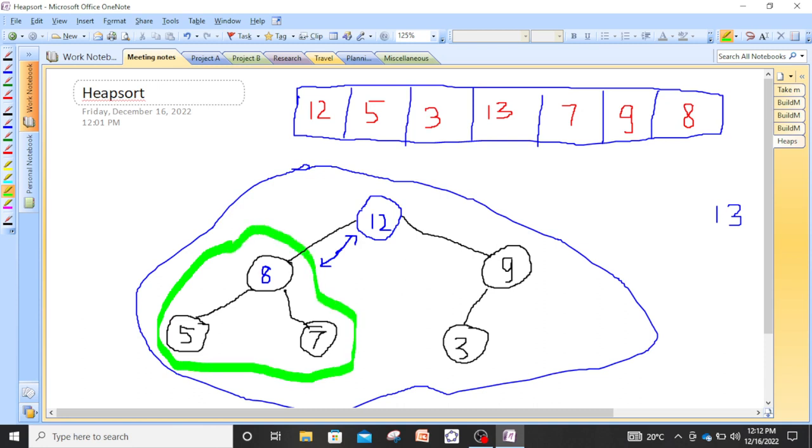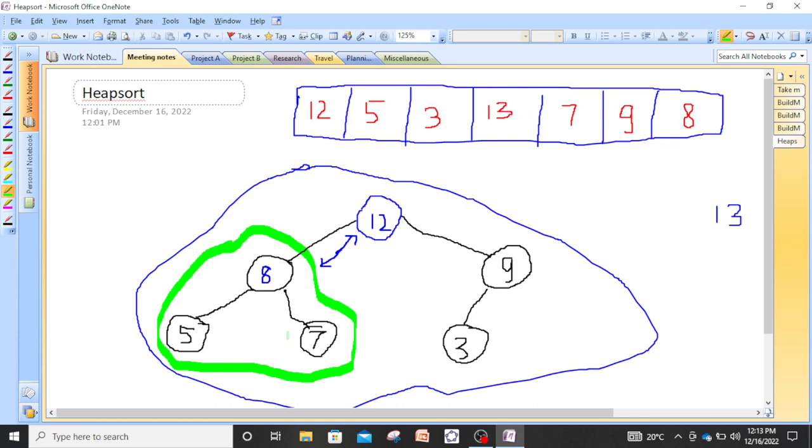Now you have to do the same thing. This time you have to concentrate on this node 8, and you should see its children, that is 5 and 7. Among these three, the largest is 8, and it is at its right place.